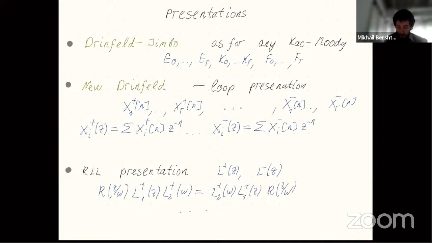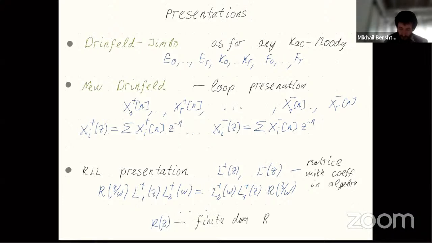And these L plus, L minus are matrices with coefficients in our algebra. And this R is a finite dimensional R matrix.